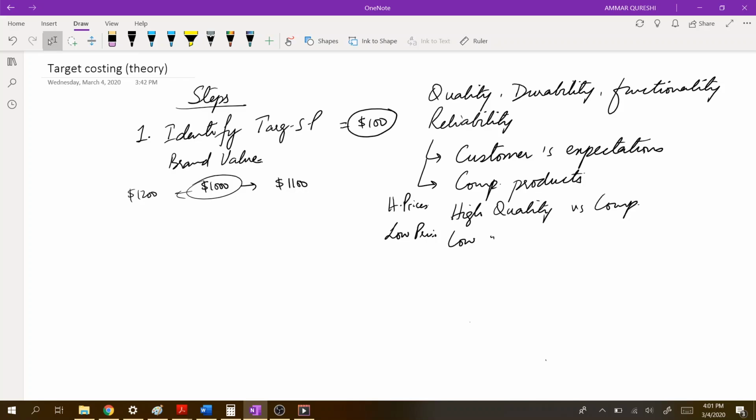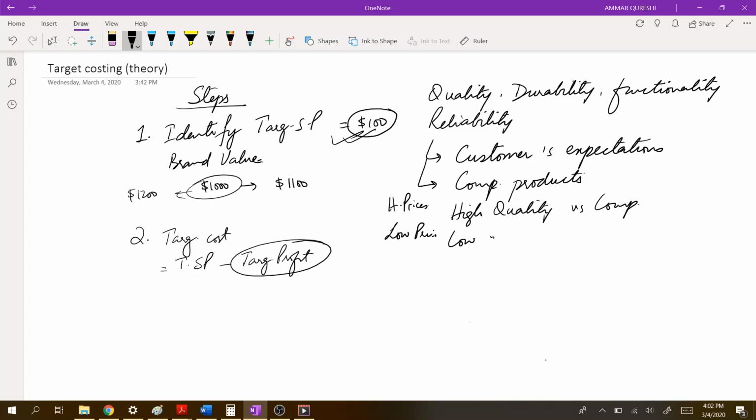Then the next phase is to identify our targeted cost. Targeted cost we can calculate by taking the difference between selling price and targeted profit. Now, there is another phase: look, we got $100 as the selling price.